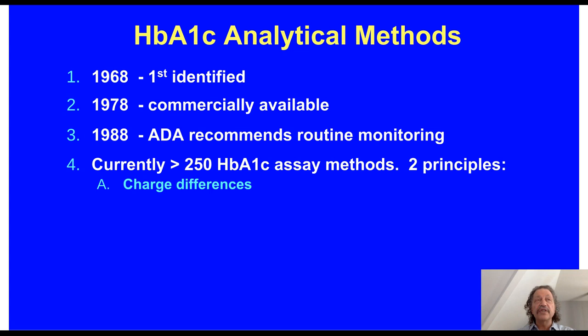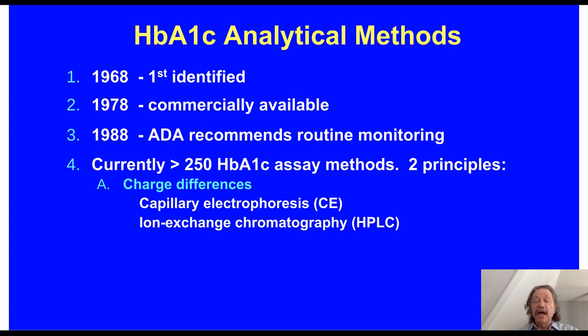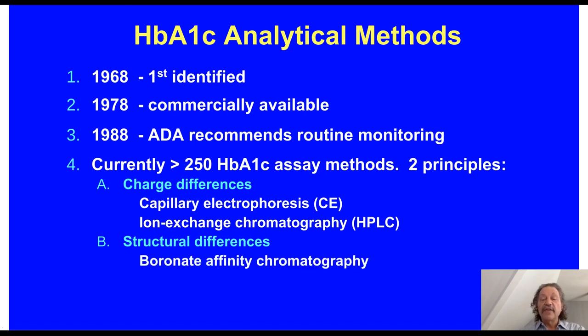The first is charge difference, so the separation of the glycated from the non-glycated hemoglobin occurs based on differences in charge, and these are capillary electrophoresis and HPLC. The second principle is differences in structure between the glycated and the non-glycated, and the categories include boronate affinity chromatography, immunoassays, and more recently, enzymatic assays. I'm going to, for the rest of my talk, focus only on the charge differences.